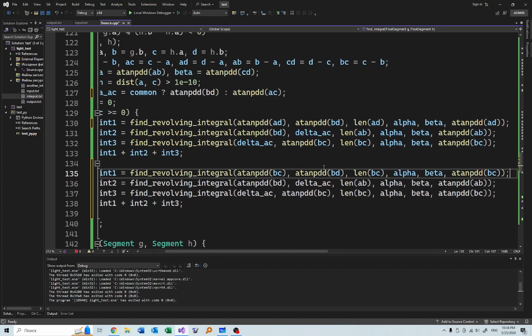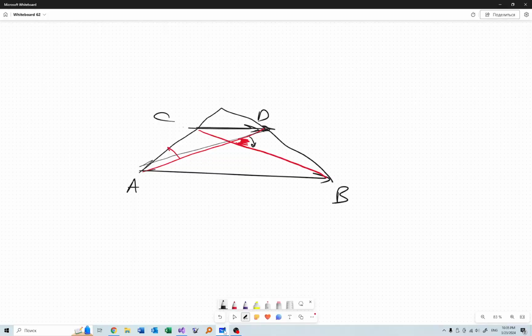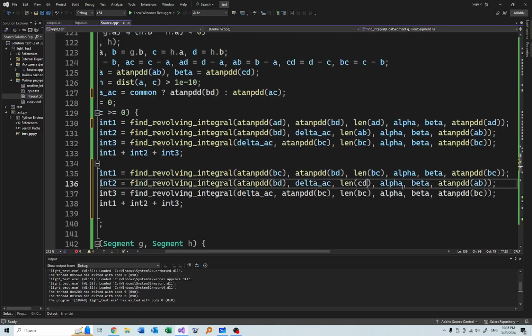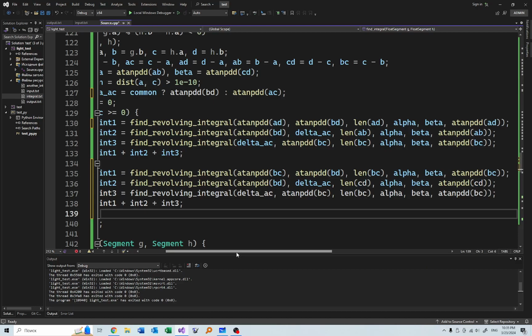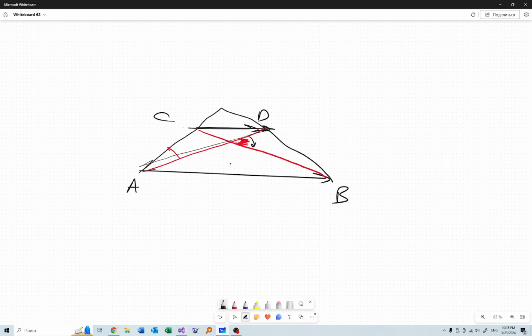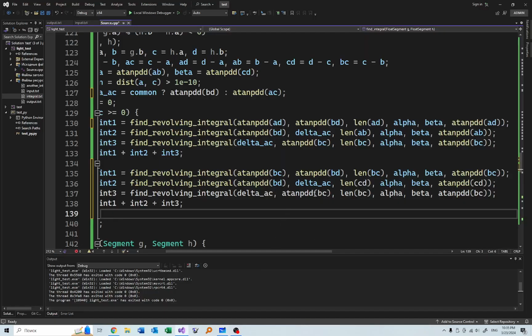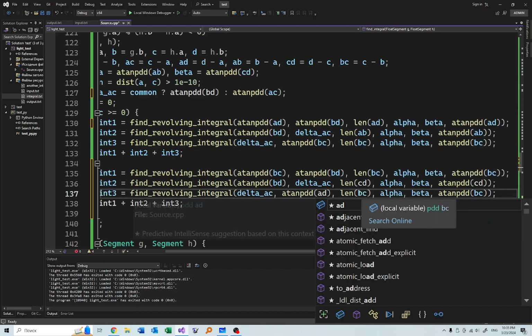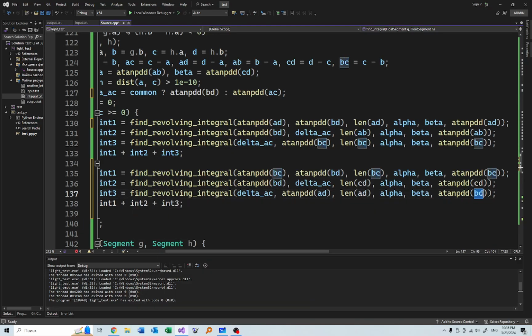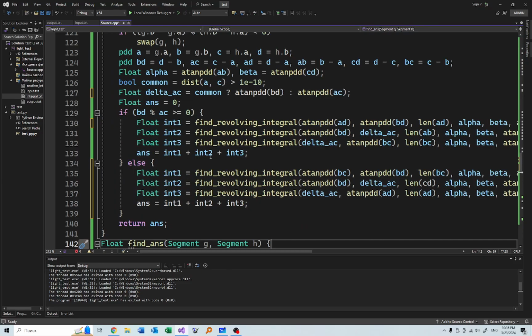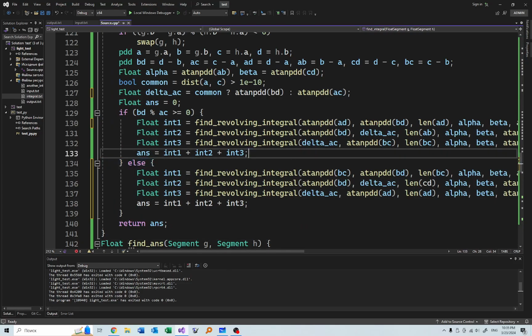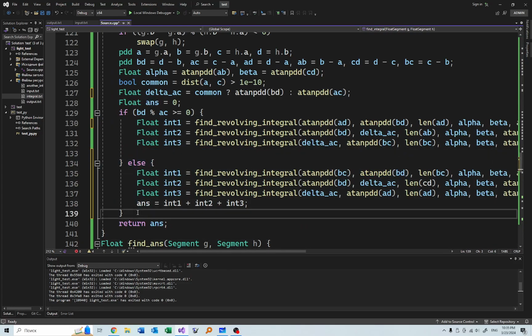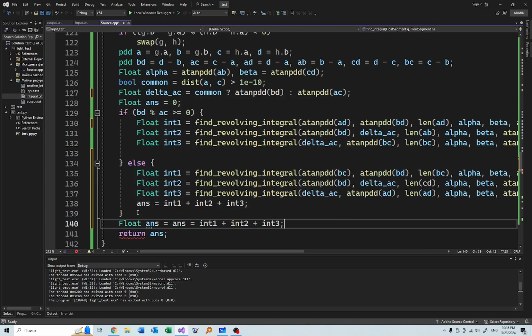Then we have an integral from BD to delta AC, which is quite straightforward, but here we have CD. And finally, from delta AC, we have the rotation to AD. And that's it. In principle, we can say that ans equals this.